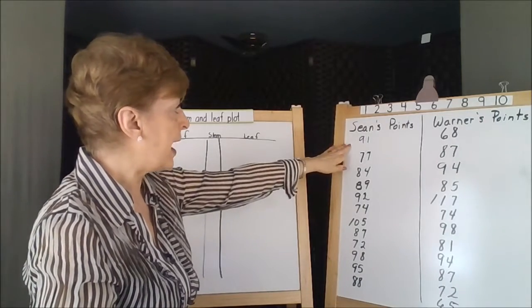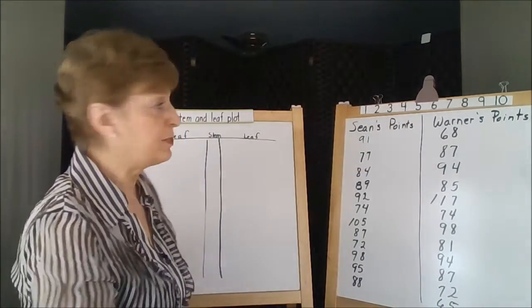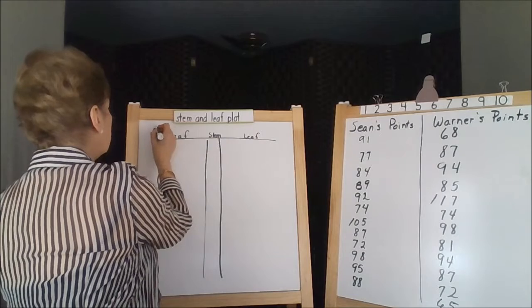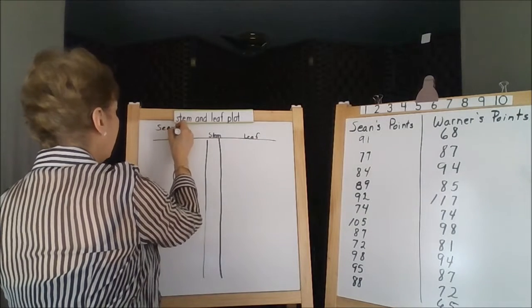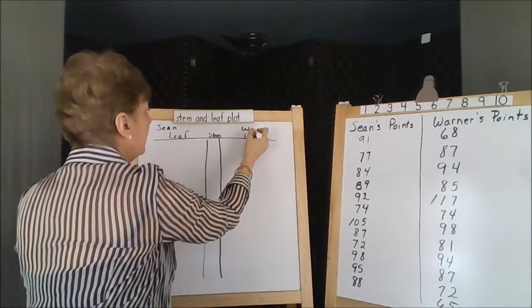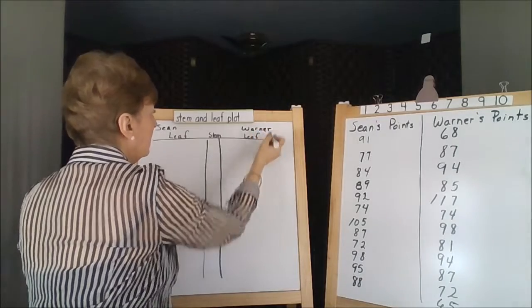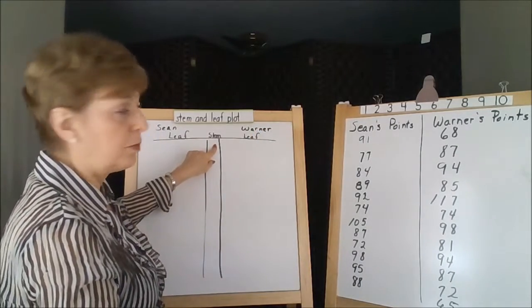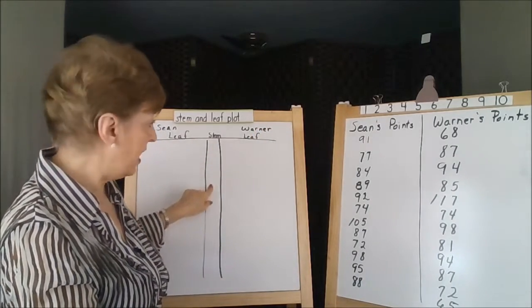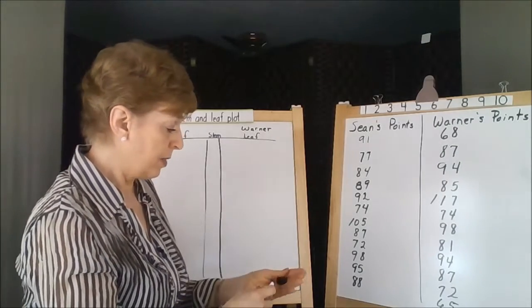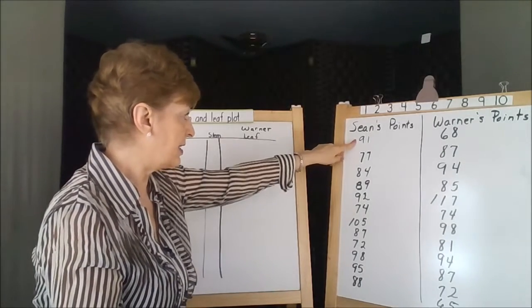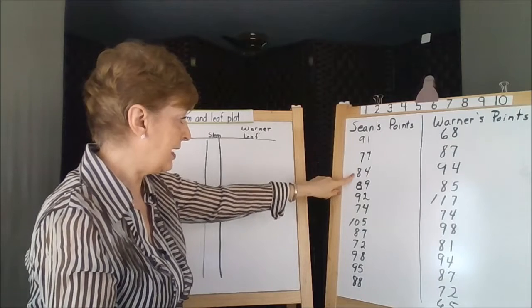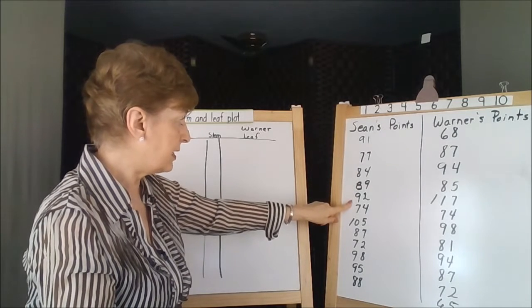So here we are tracking Sean's points and Warner's points. So let's put Sean on one side and Warner on the other. We're going to have to figure out which numbers we need for our stems. So I'm going to eyeball this and see there's a 90s and a 70s, 80s. I'm looking for the lowest and highest stem.